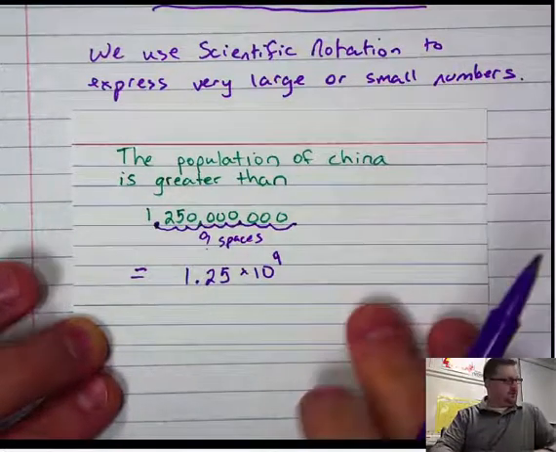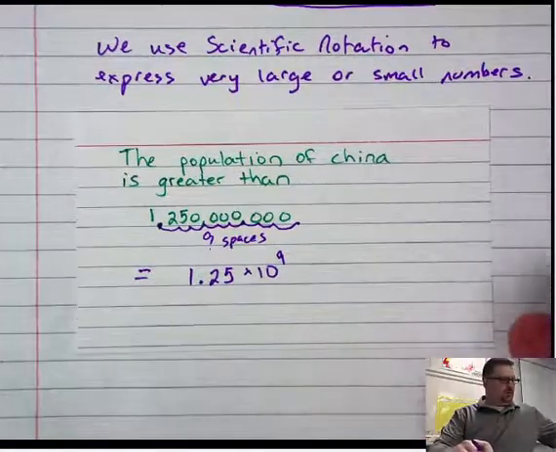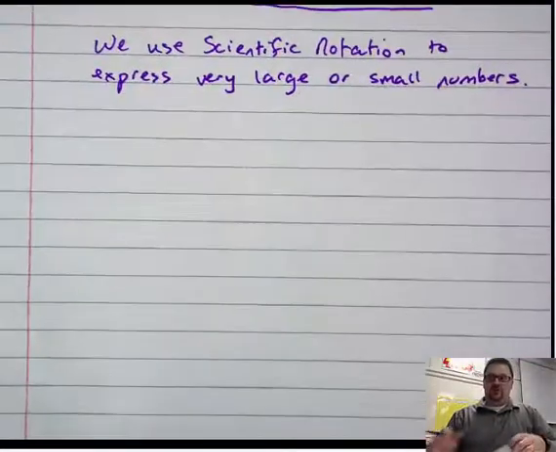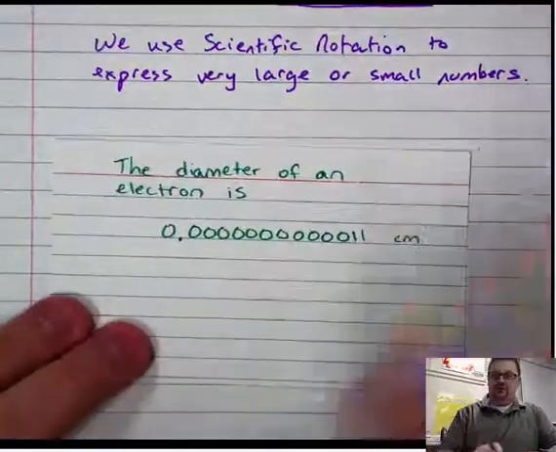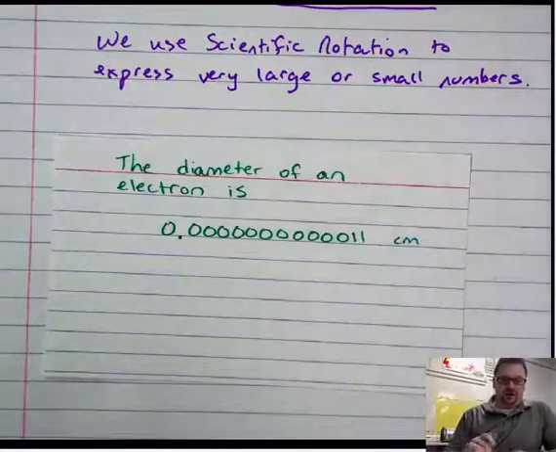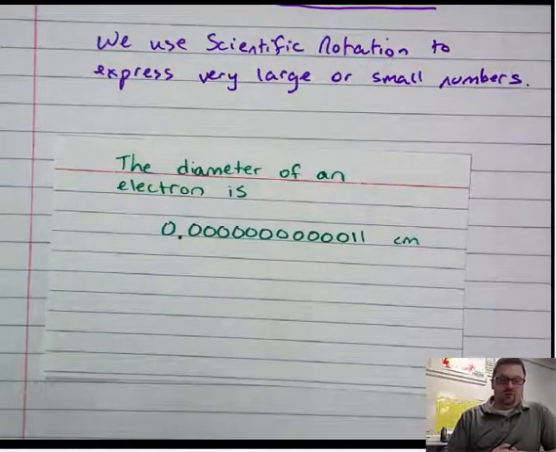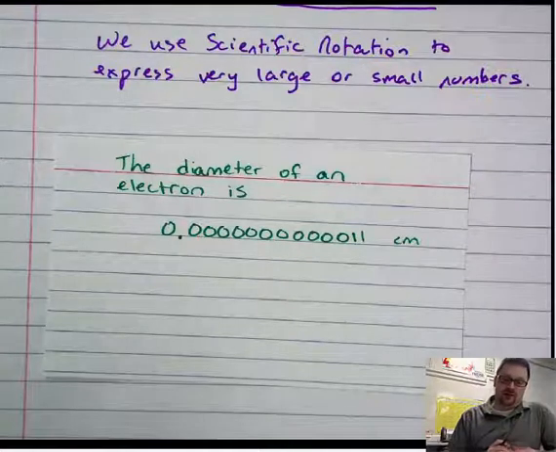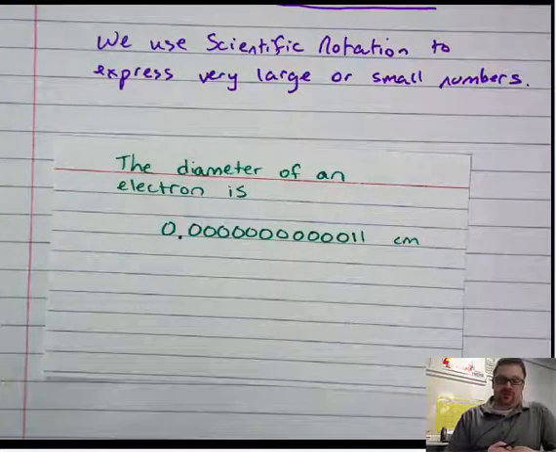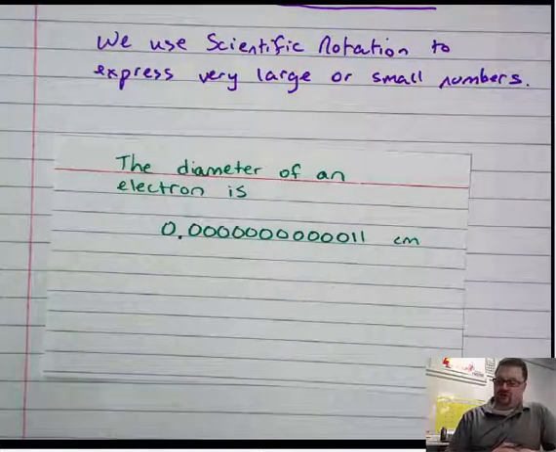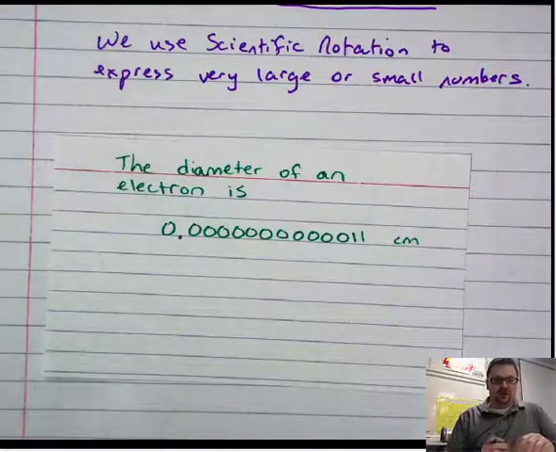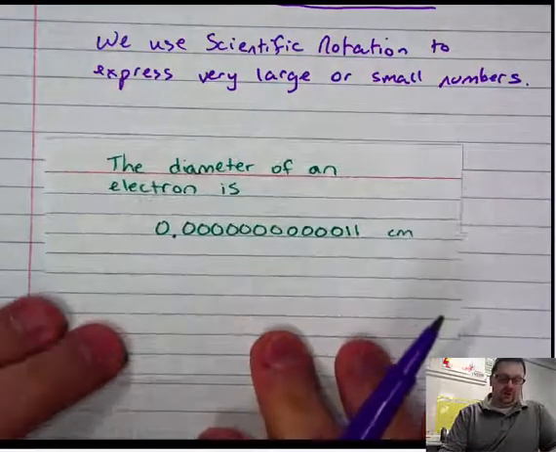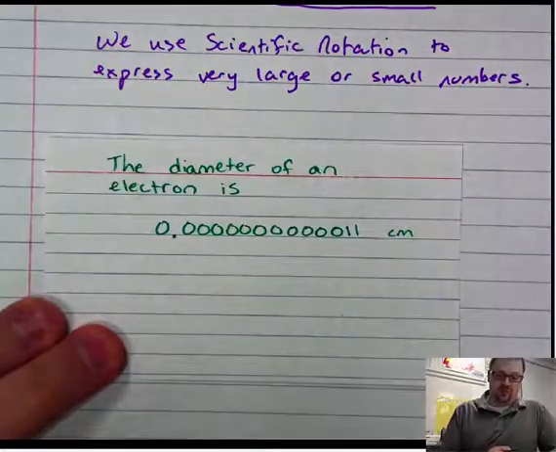Okay? So, what about a very small number? Let's say I have the diameter of an electron is that thing. I really don't want to have to read that, and I don't expect you to have to read that. So I'm going to use the same process that I just did on the last example. I'm going to create a number where I've got one digit before the decimal.